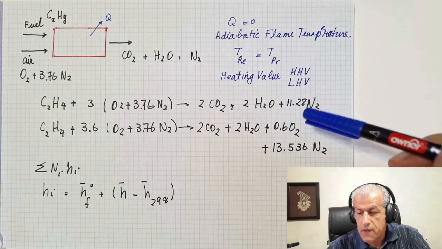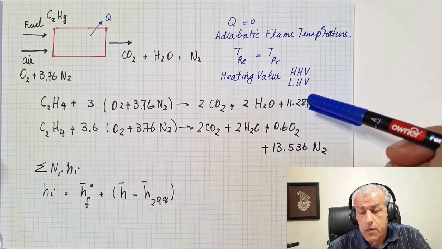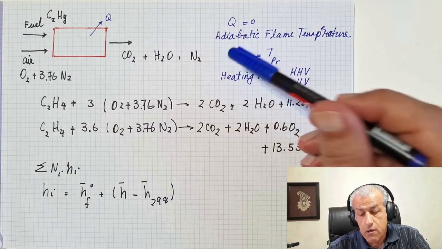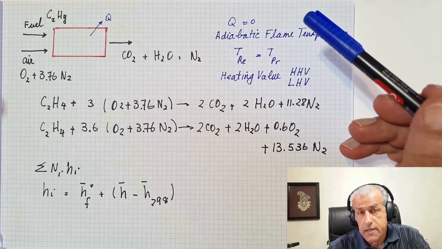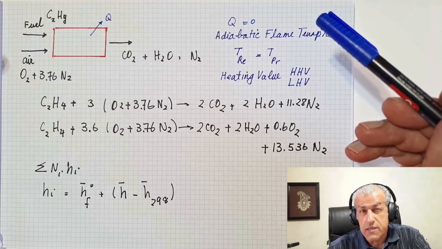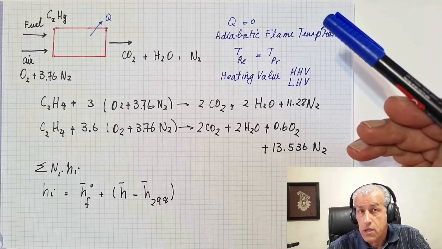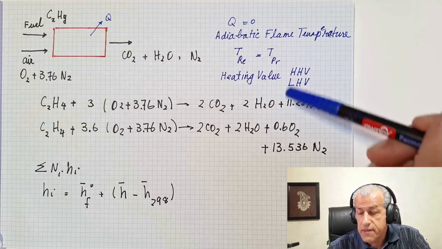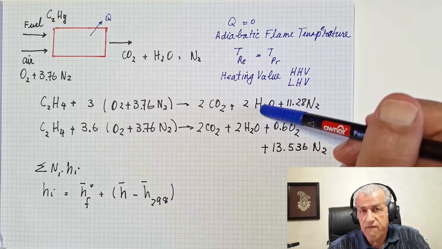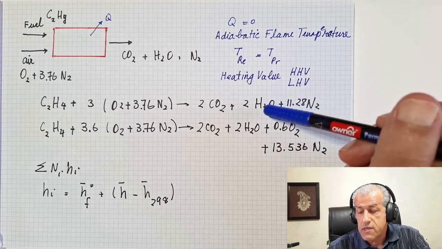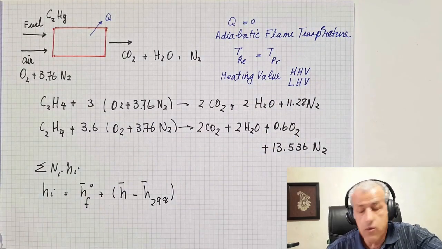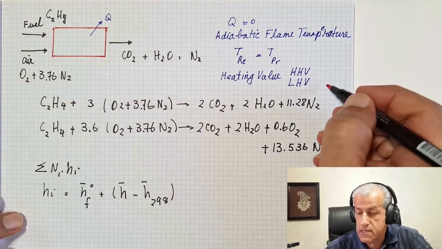You see, if we return our products' temperature to the reactants' temperature, as the reactants are usually at 25 degrees C, then the water in the products could be liquid or vapor. If the water is vapor, we have lower heating value. So this lower heating value is when the water is vapor.